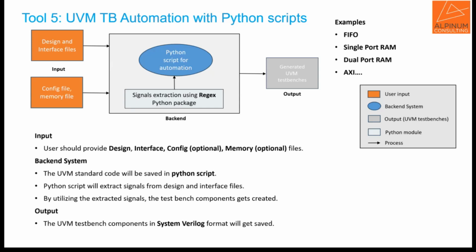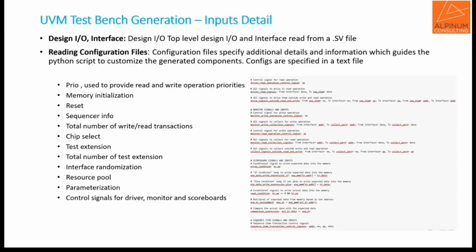So we can go to the next slide, where we can show you some more detail about the inputs and the outputs of this generator. Basically, this generator reads the I/O interfaces and the design from a .sv file, and also some extra configurations which explain how the design specs and behaviors are implemented.